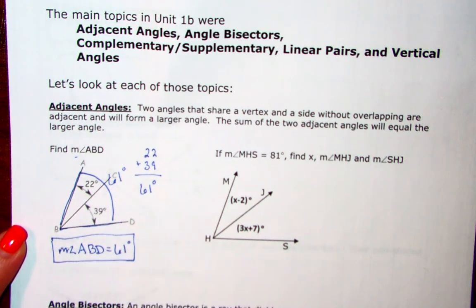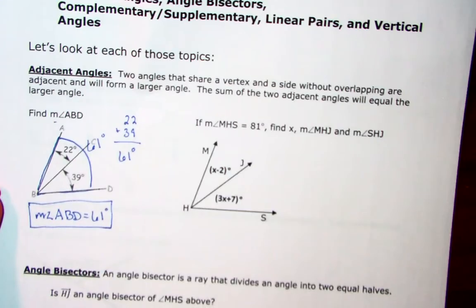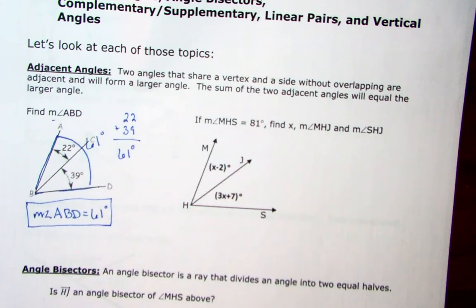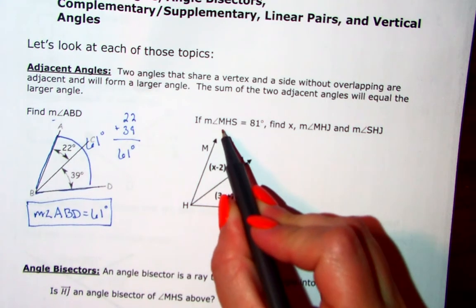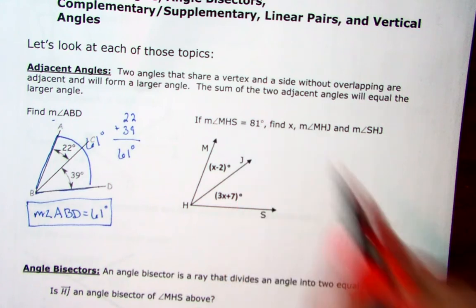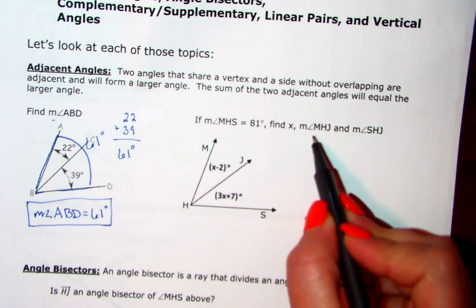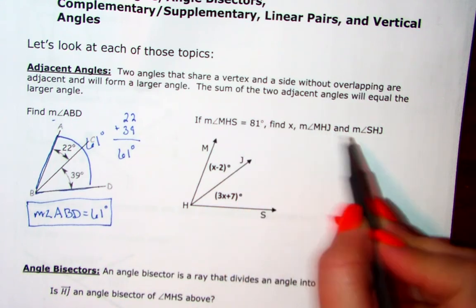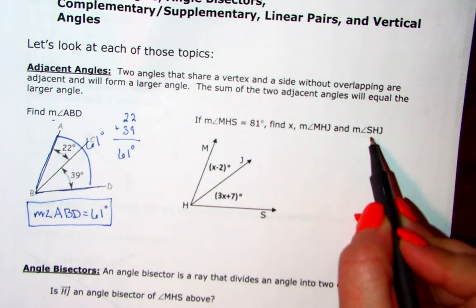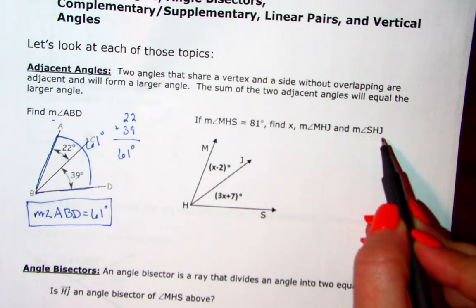Okay, sometimes we have the same process, but with algebraic expressions instead of simple numerical degrees. So when I look at this one, it says if the measure of angle MHS equals 81 degrees, find x, find the measure of angle MHJ, and find the measure of angle SHJ.